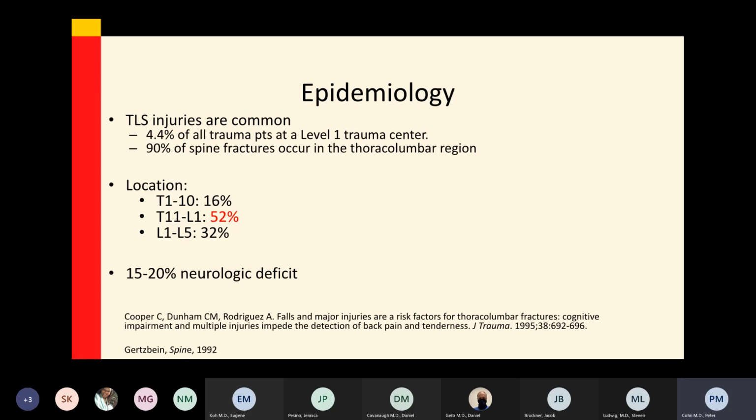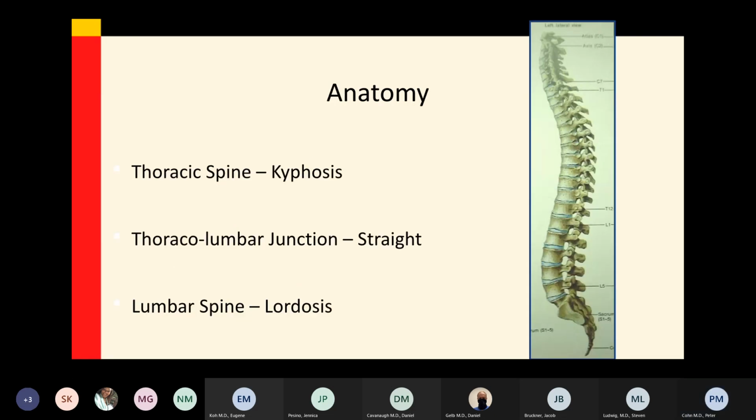Most commonly, these fractures occur between T11 and L1 at the thoracolumbar junction, presumably because this is the area of acute transition and rigidity from the thoracic spine to the relatively more mobile lumbar spine. And these injuries are associated with a 15 to 20% rate of neurologic deficits.